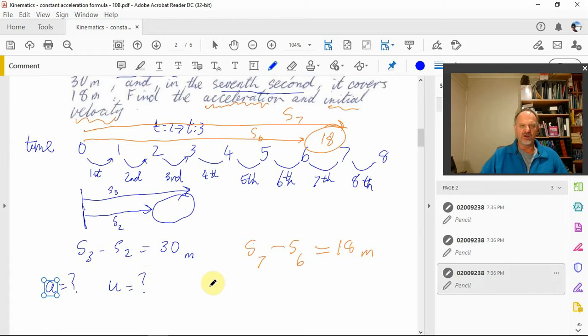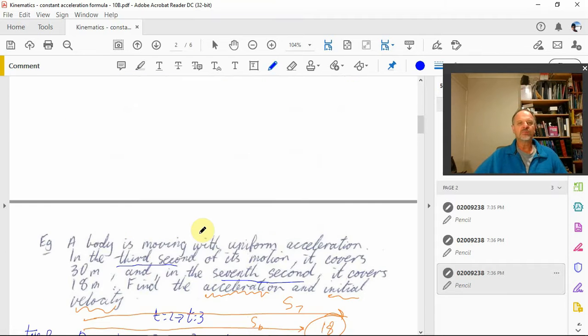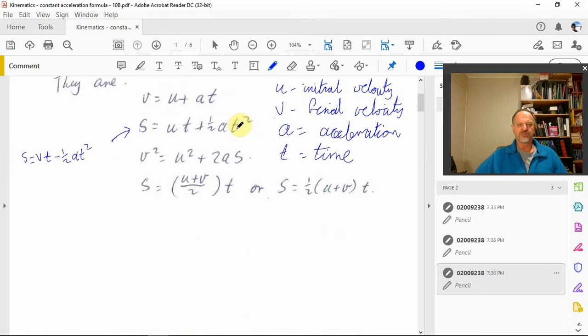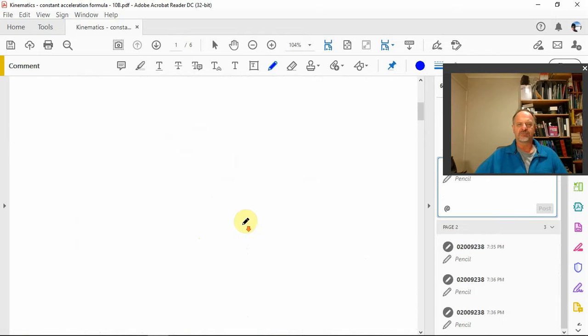What have we got? Well, we've got time and we've got these distances. So we've got time and s versions of it anyway. So we want to use the formula that uses those 4 things. And the formula that uses those 4 things, when you look up here, there it is, it's that one.